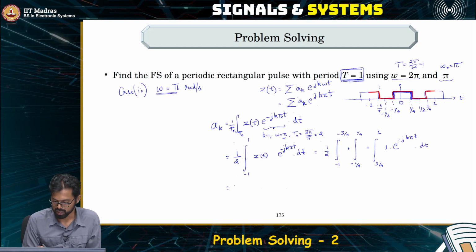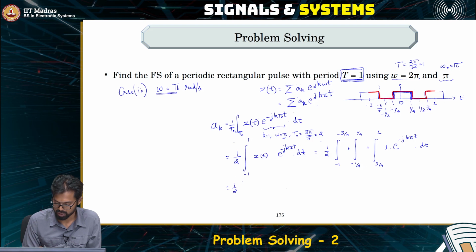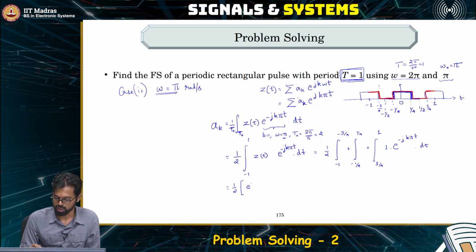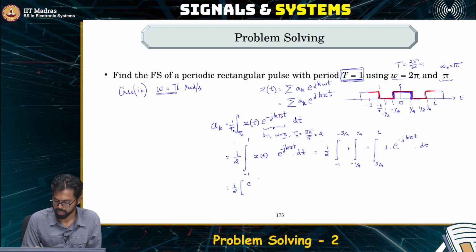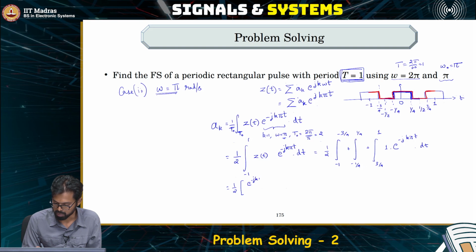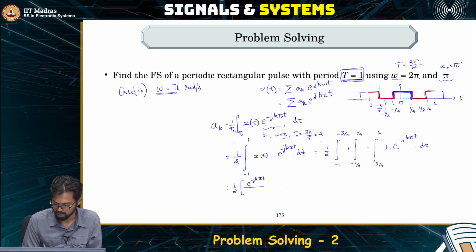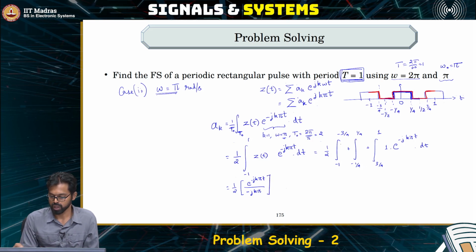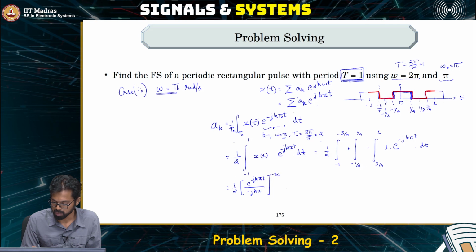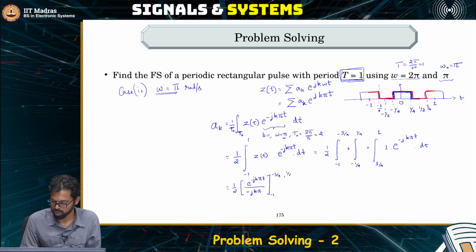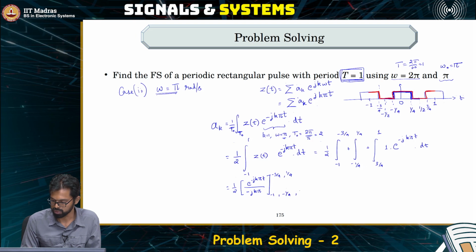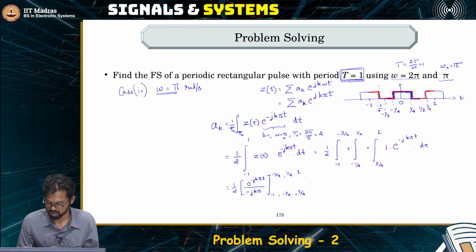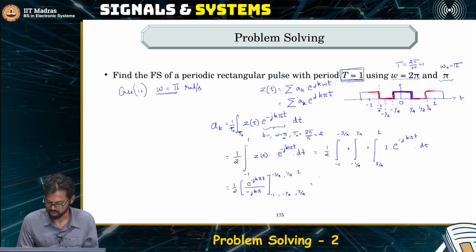Okay. So integrating this, what do we get? We get e power the same thing, e power minus j k pi t divided by minus j k pi. So we have multiple limits now: minus 3 by 4 to -1, 1 by 4 to -1 by 4, and 3 by 4 to 1. So what is this?